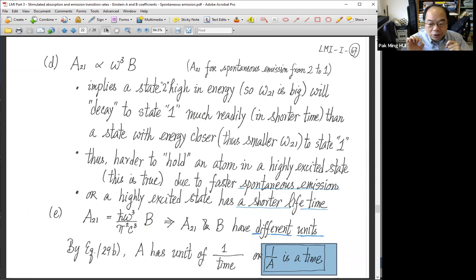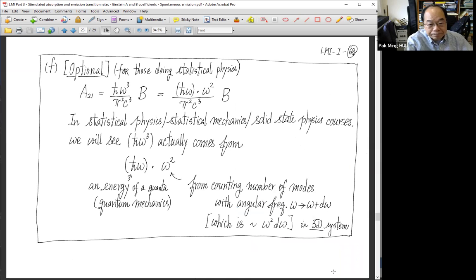It is related to spontaneous emission rather than stimulated emission. And this is optional, okay? I already mentioned it. This omega cubed term actually has two sources: h bar omega, a photon energy, and this omega squared, which you will see later on in counting the density of states in your statistical physics course.